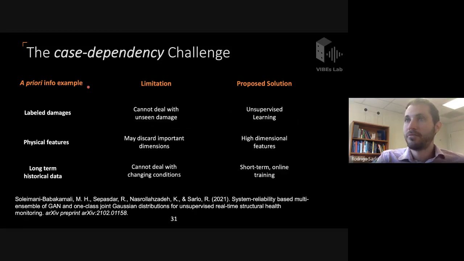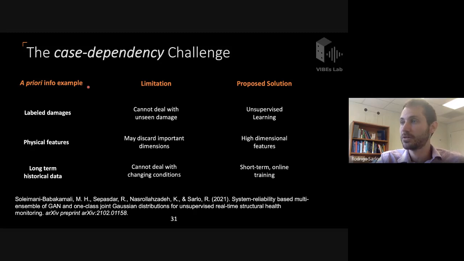And then the final a priori example that creates a challenge is this idea of long-term historical data. Obviously, this is good if your environmental conditions are stationary or consistent over time, but just taking the example of climate change, it's probably not safe to assume that historical conditions are necessarily reflective of future conditions.